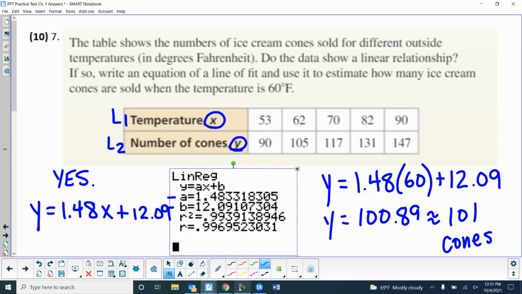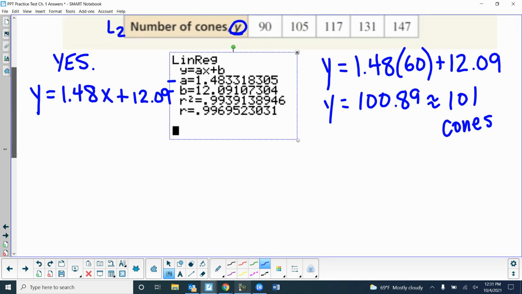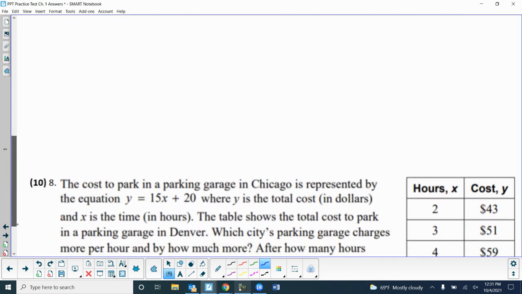Questions on number 10 or 7? It's worth 10. Okay, makes sense? Again, just putting it in your calculator should be a pretty easy problem for you.